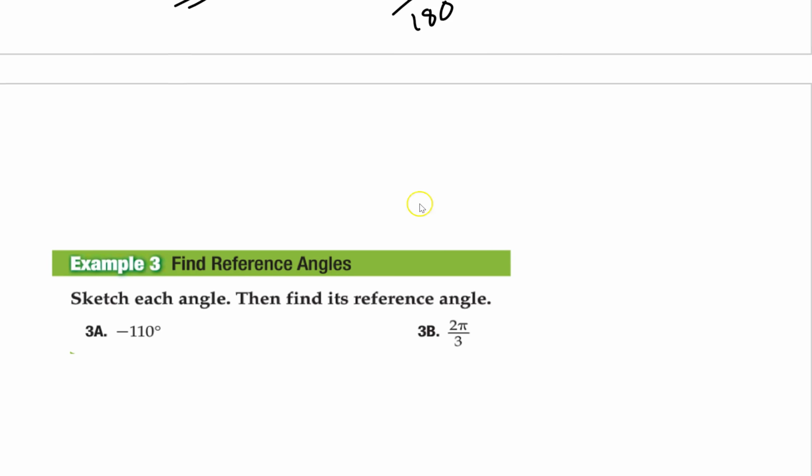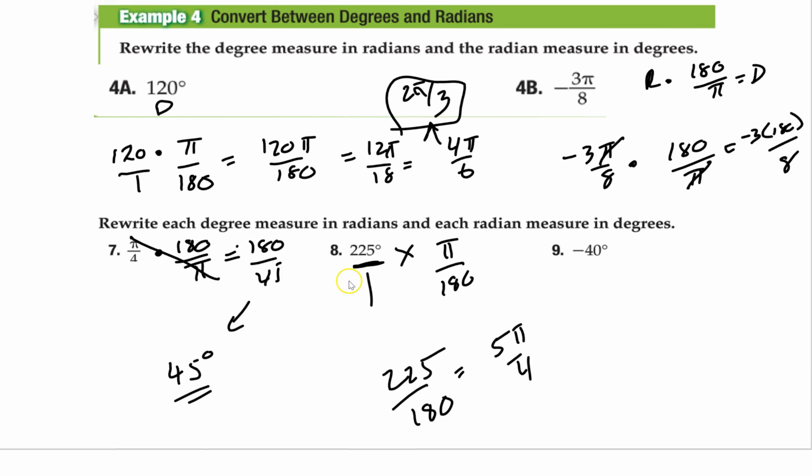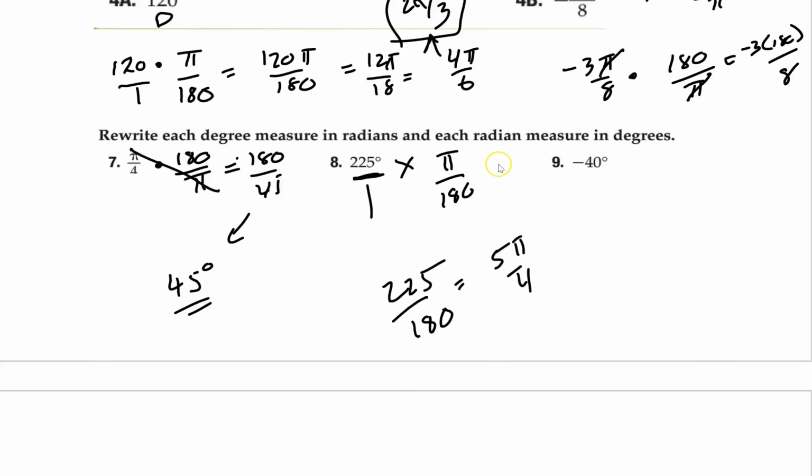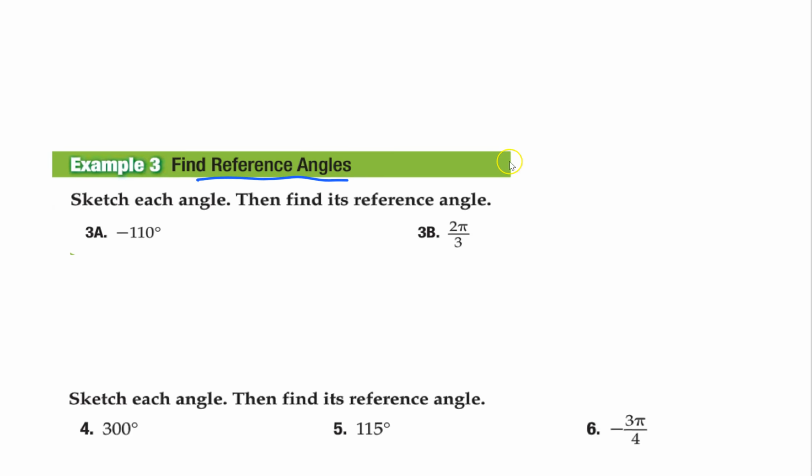Next thing, let's talk about something really important: reference angles. The truth is, you need to know how to convert from one to the other because it's helpful, but you're not going to do it a lot. I want you to know how to graph and do stuff with radians. The first step is understanding what a reference angle is.